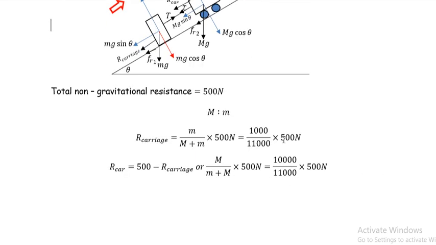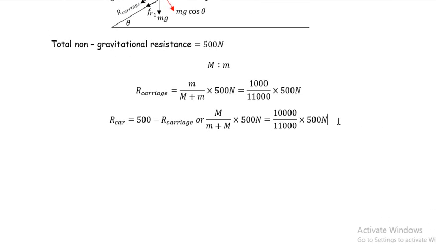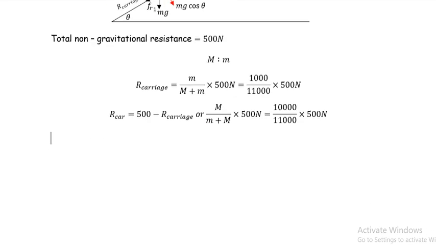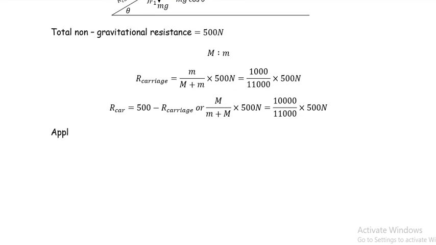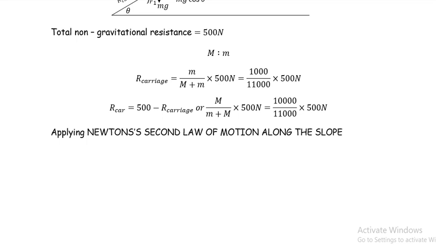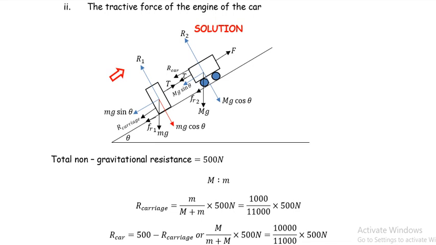Now we have to apply Newton's second law of motion along the inclined slope. Now we actually have to apply it with regards to the whole system and also with regards to the carriage.